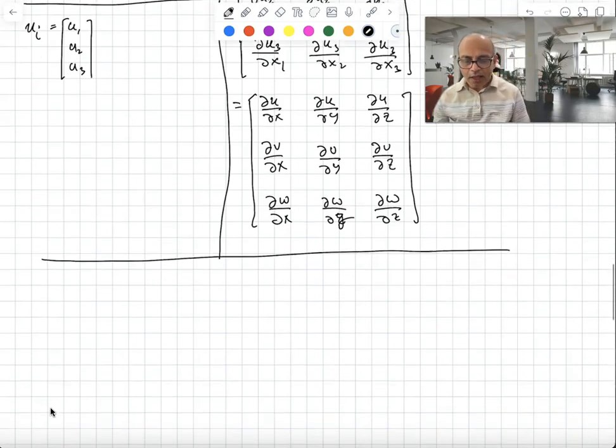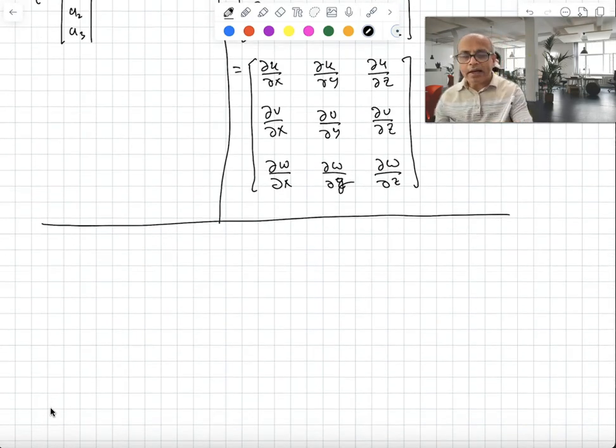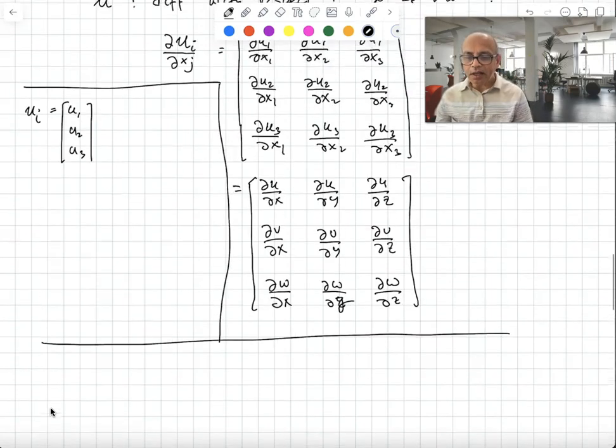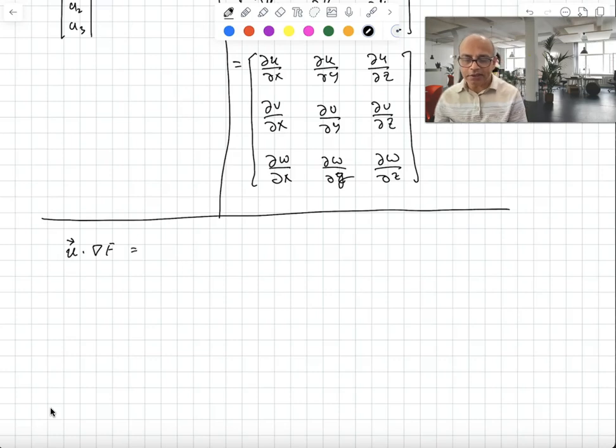Okay, at this stage I want to take another break and say something. This is a scalar quantity, and it is written in tensor notation. Let's say df/dx_j. It has a physical meaning. We know the gradient of f is a vector, and u is also a vector.